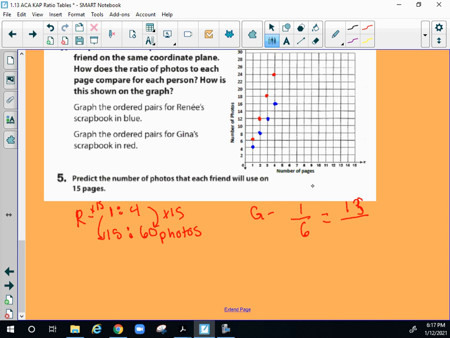So we could either go this way and look at the relationship, so 1 to 15, we could do times 15, or we could go this way. 1 times 6 would get us to 6, and so we would multiply by 6 over here. Either way is going to get us to the same answer. So times 15, and Gina would have 90 photos.